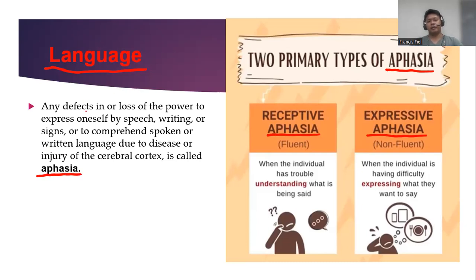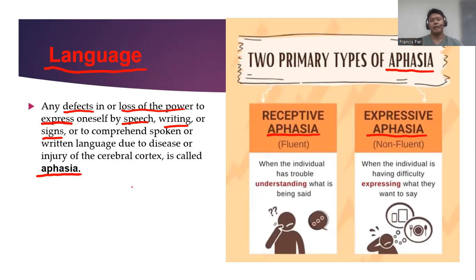Ibig sabihin, defect, loss of power, no? Or hindi niya kaya, no? Unable to express oneself through speech, writing, or signs, no? So, hindi niya masabi, hindi niya masulat, hindi niya sign language, yung gusto niyang sabihin, that is aphasia.